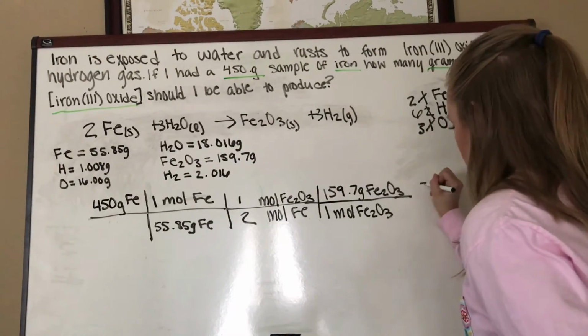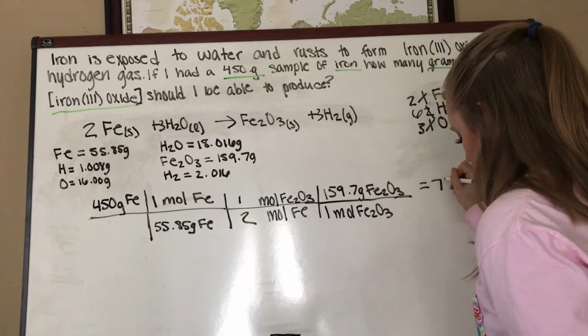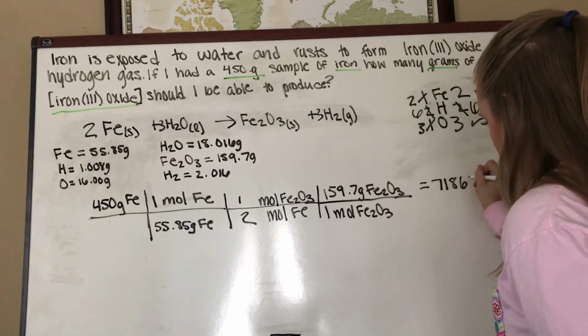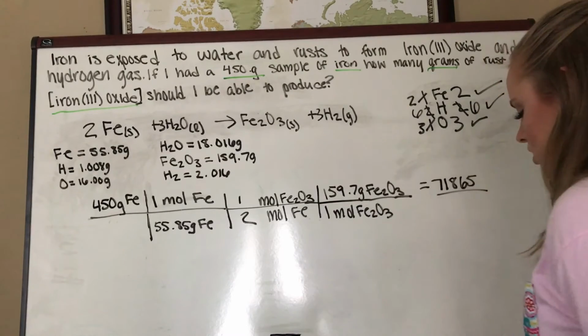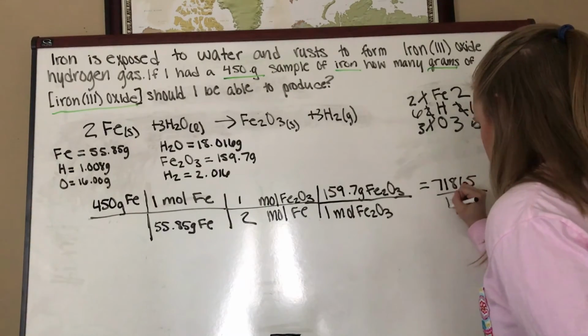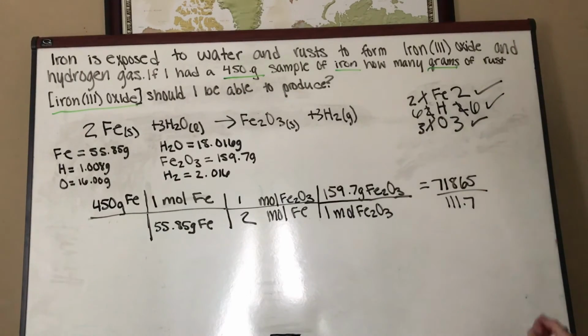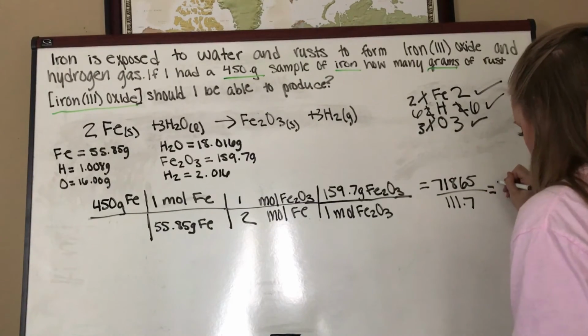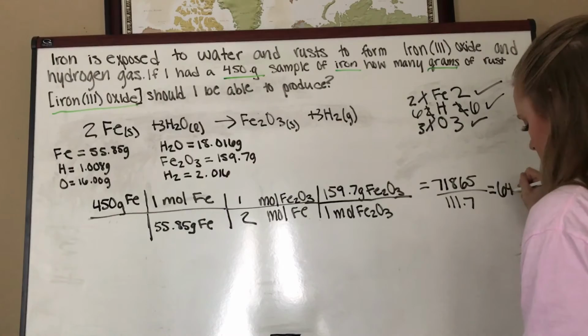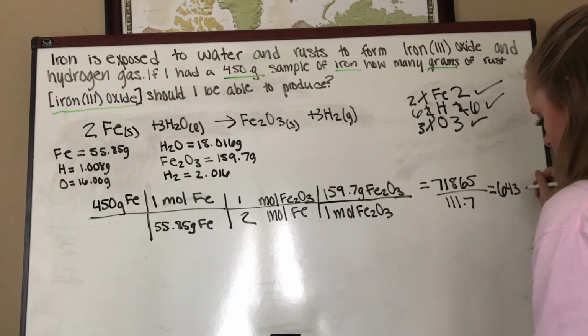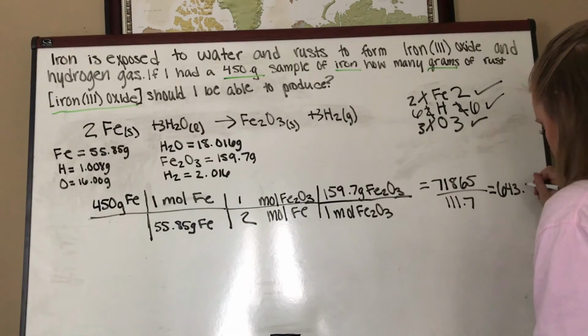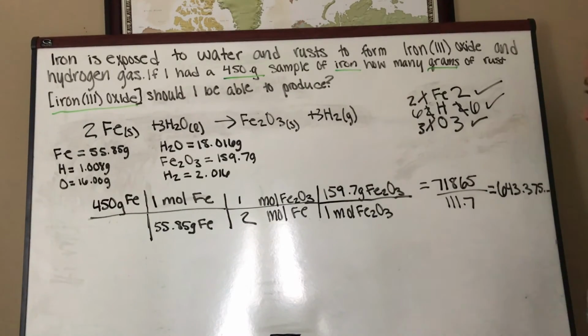Our top row will give us 71865, and our bottom row will be 111.7. When you divide those 2 in your calculator, you will get a large number: 643.375, and so on.